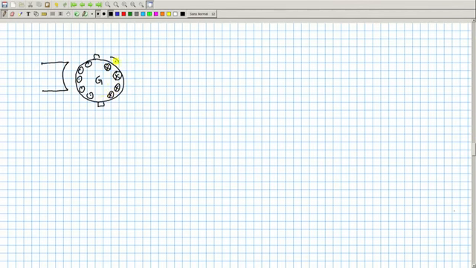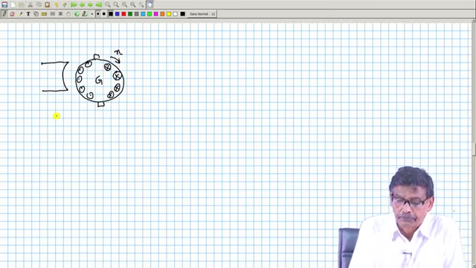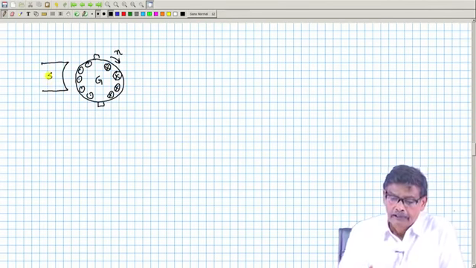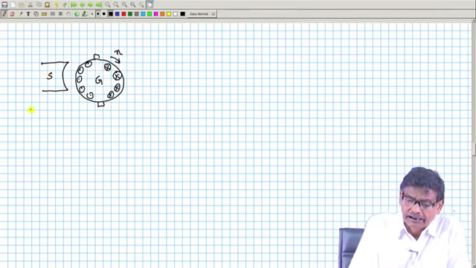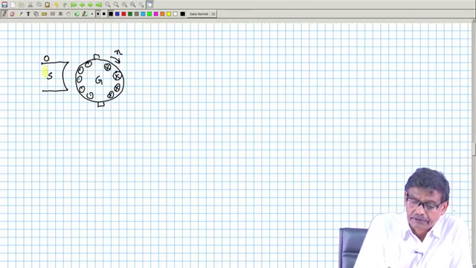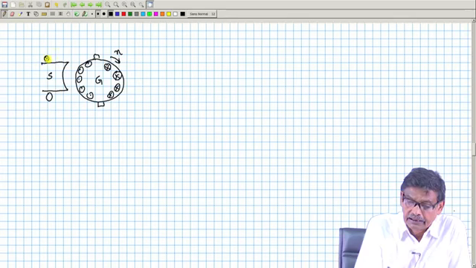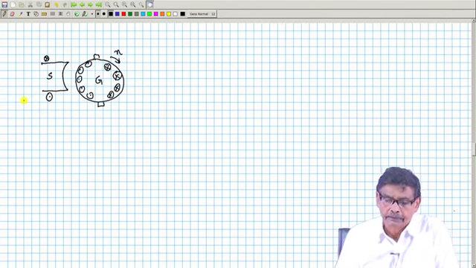Provided it is running in this direction in generator mode, this is the south pole. And there is field winding here, and the field winding current, only one pole I am showing, is like this.